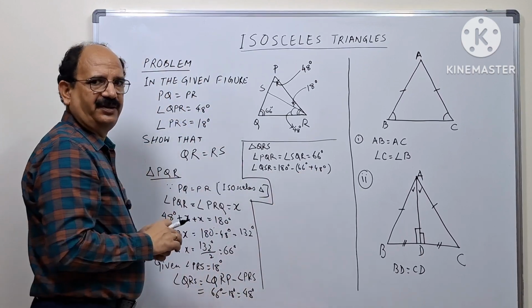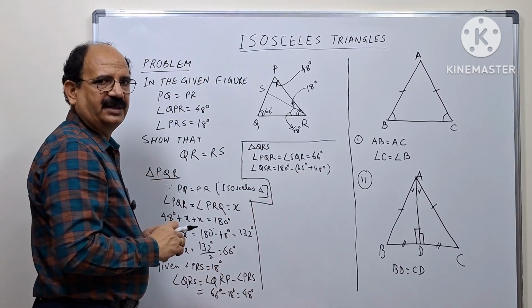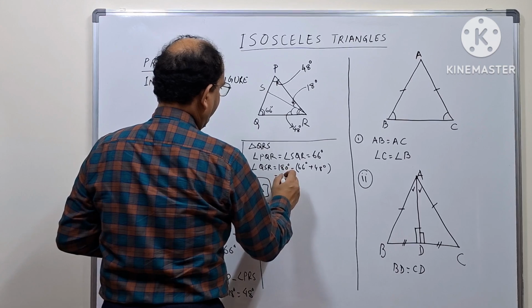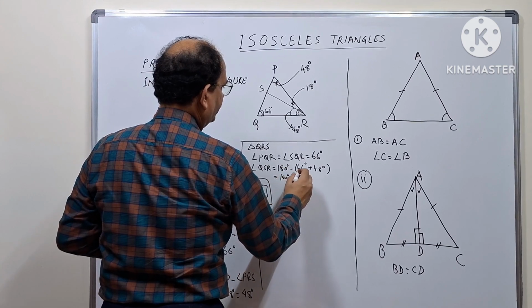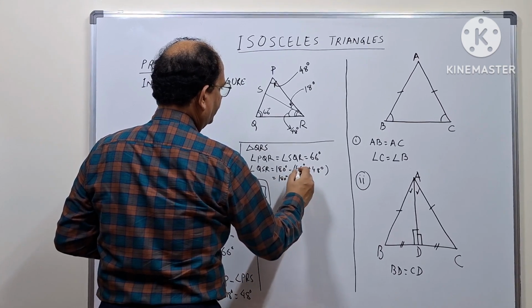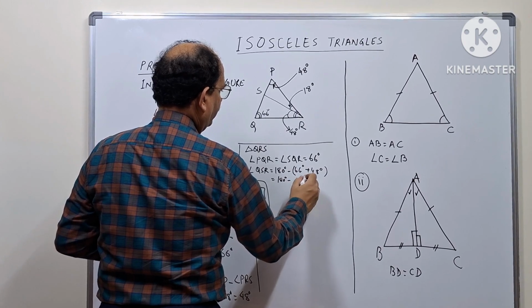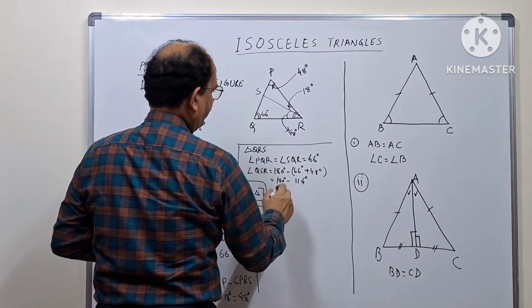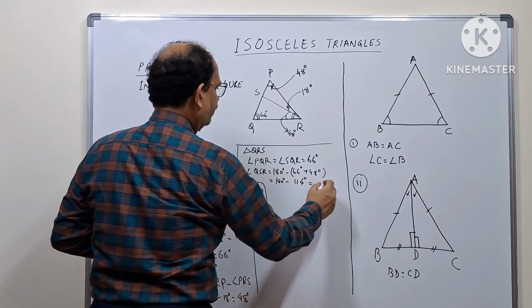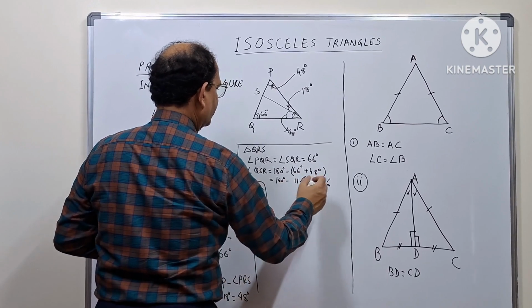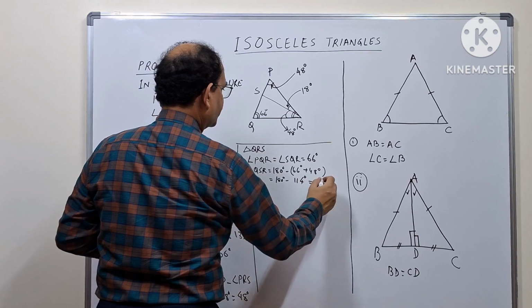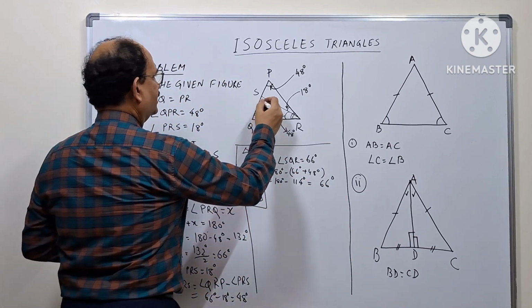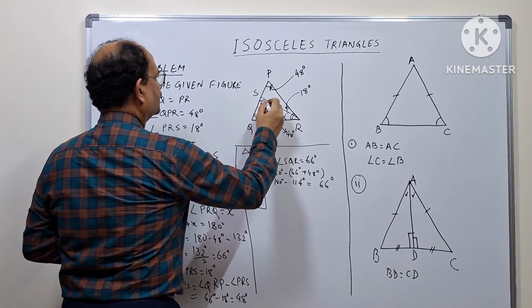Again, from the property of a triangle, the sum of three angles will be equal to 180 degrees. So then we can write 180 degrees minus 114 degrees, which will be equal to 66 degrees. So this angle also becomes 66 degrees.